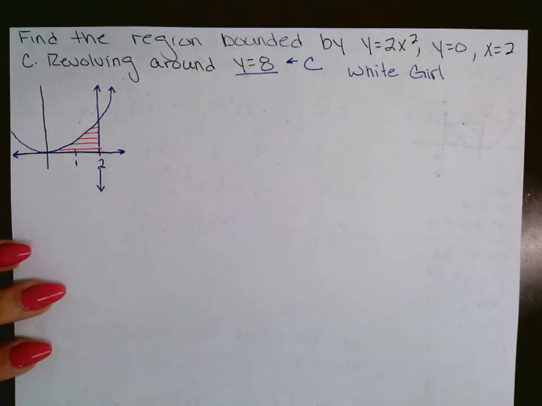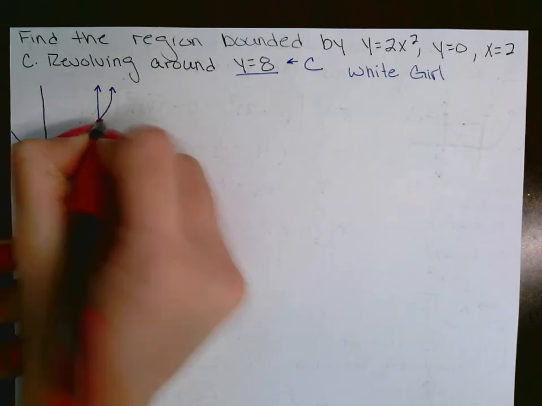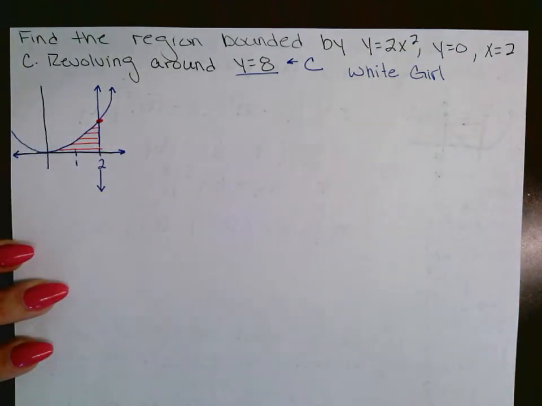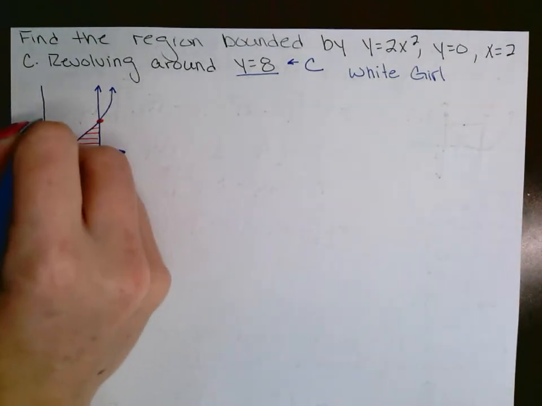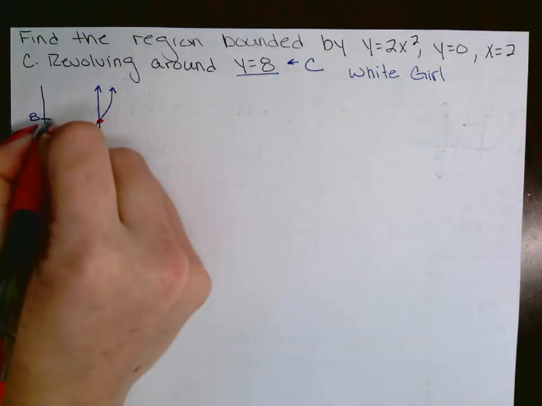Now, we saw from when we did part A, we already found what this point right here was, right? What was that point? It was 2, 8. Okay? So when they say that I'm revolving around y equals 8, let me do it in red.